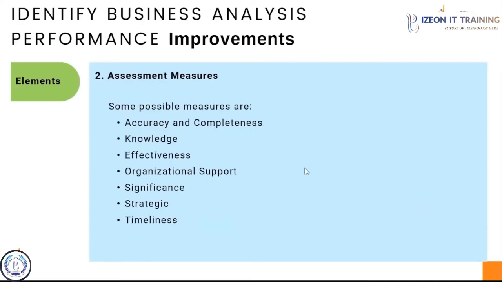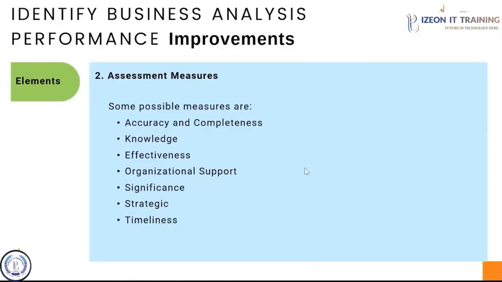So these are the categories. Remember, I used to have something on these same lines: accuracy and completeness of all business analysis information, knowledge levels of the business analyst, knowledge levels of the team, effectiveness, organizational support.